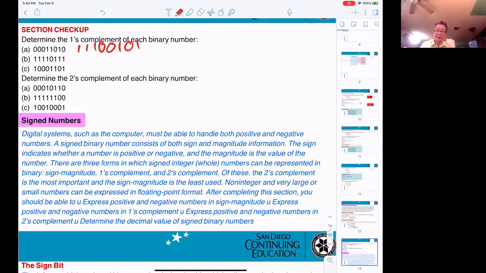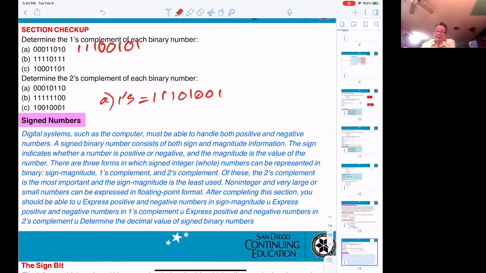Okay, and now I go into the second complement of number A. First thing, you get the first complement of number A, which will be 1, 1, 1, 0, 1, 0, 0, 1.